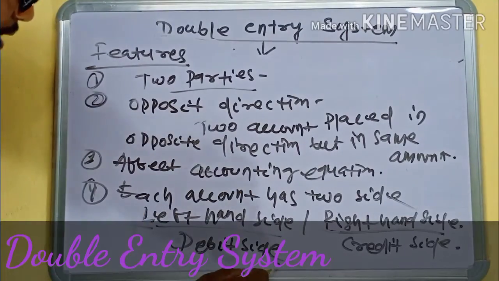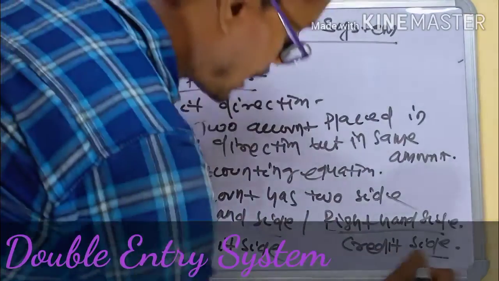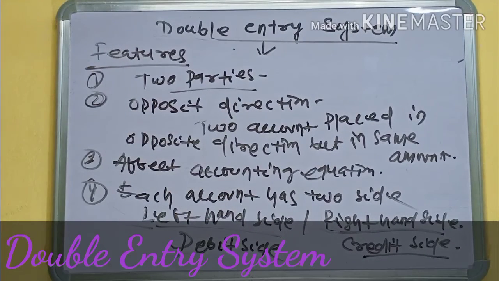The left hand side is also known as the debit side, and the right hand side is the credit side.